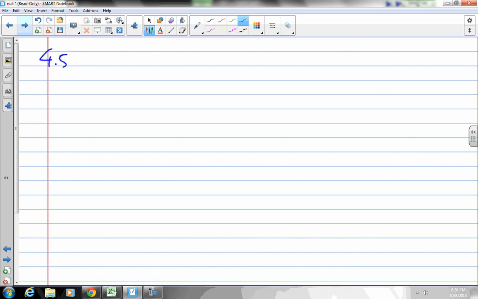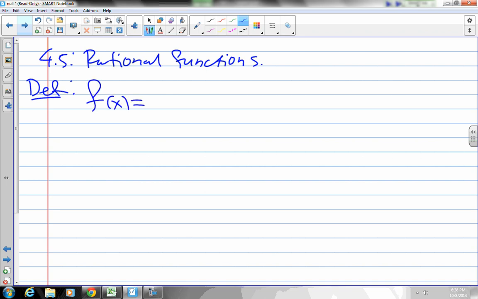section 4.5, rational functions. And so basically a definition of a rational function: f of x equals p of x over q of x, where both p and q are polynomials.